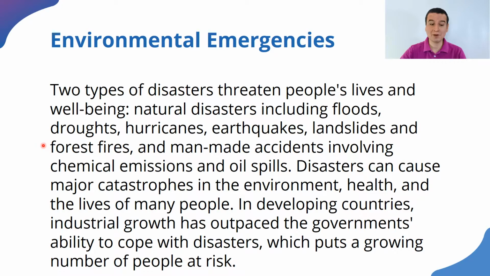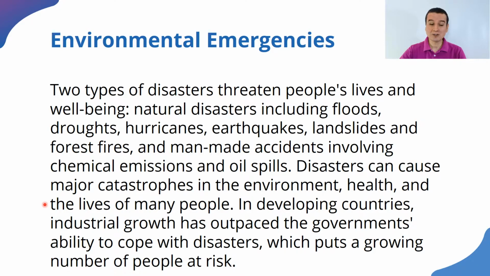So that's the other type of disasters. And man-made accidents involving chemical emissions and oil spills. Okay? I'm sure there may be some other examples of man-made accidents, but these are the ones in the text. Disasters can cause major catastrophes, big disasters, in the environment, health, and the lives of many people. Good.